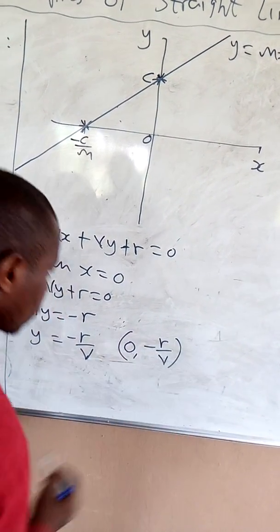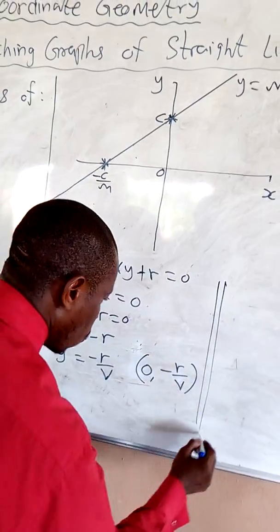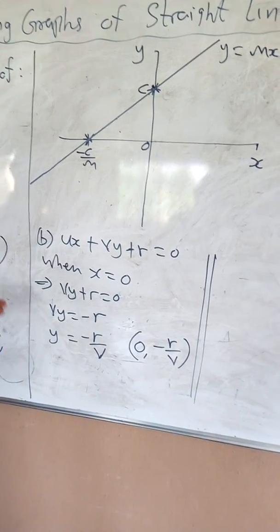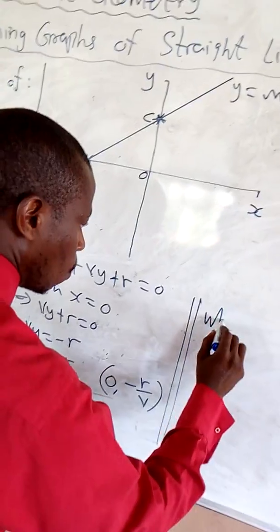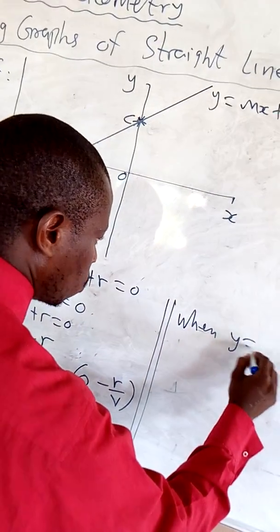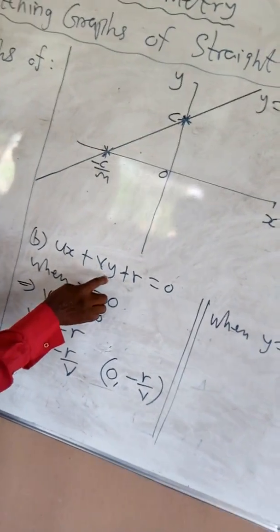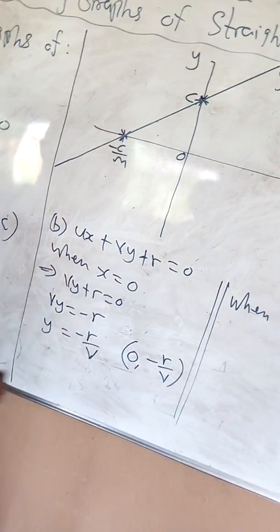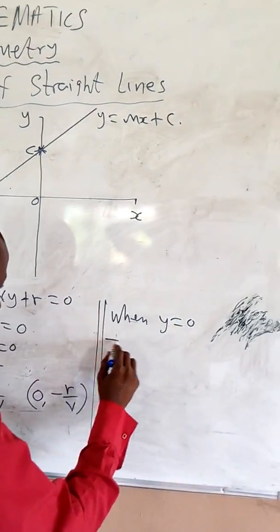At the same time, we make y to be 0 and we find the corresponding value of x. So we say when y equals 0, that means the whole thing here becomes 0, because v multiplied by 0 gives 0. So we are left with ux plus r equals 0.